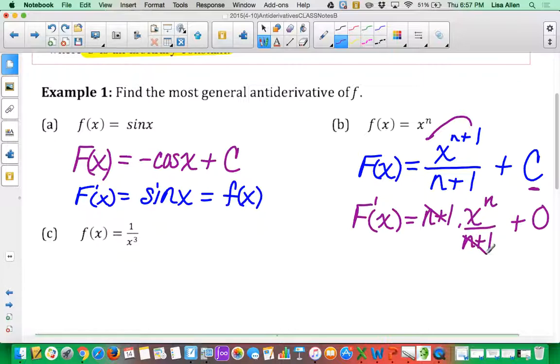Cancel those, so we get F prime of x here is then equal to x to the n, which is equal to our original lowercase f of x. So going backwards and forth.